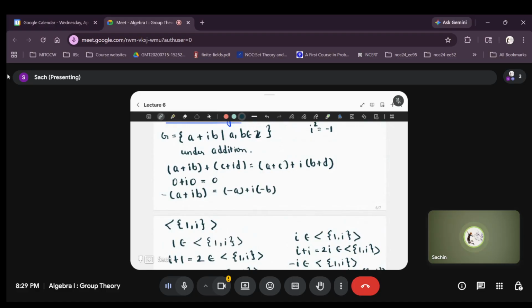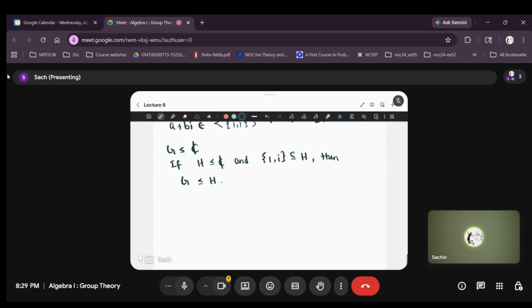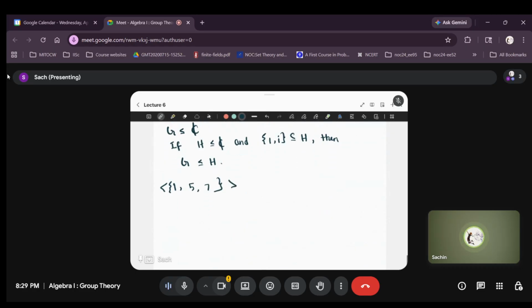So that is how it will go for 2 elements. For 3 elements, you will have to take all multiples. What will happen in the case of 3 elements? Like you said, 1, 5, and 7, a subgroup that contains this, right? If it contains 1, it should contain all multiples of 1, right? So it will just be the set of integers.